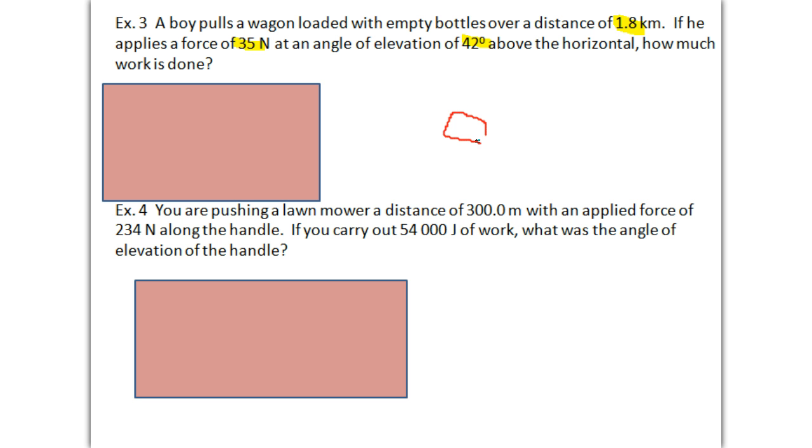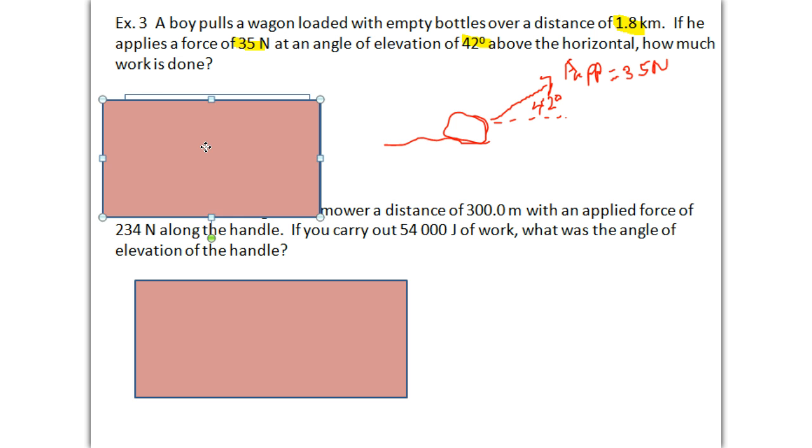So if there were a box of bottles here along the ground, and the boy's pulling them at an angle, and when it says angle of elevation, that's in reference to the ground, pulling at 42 degrees, and the force applied is 35 newtons. So how much work is done?